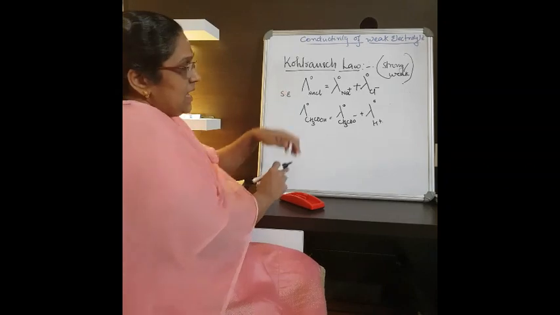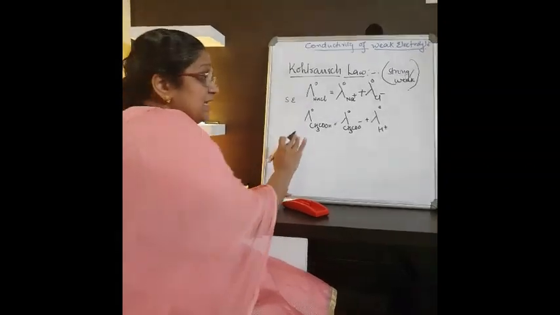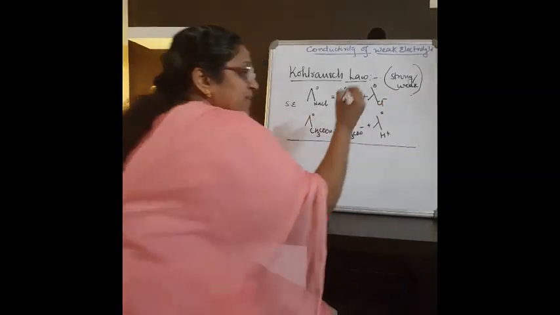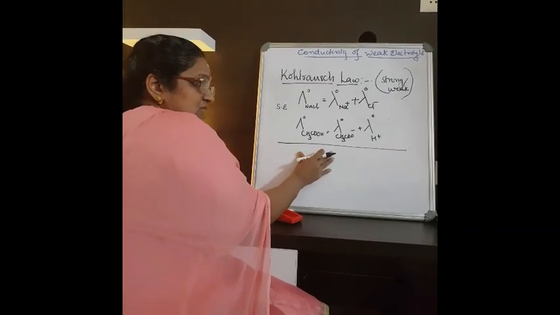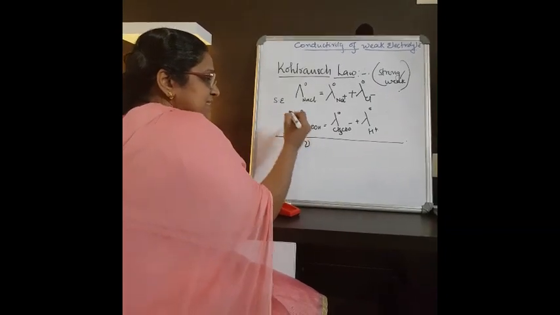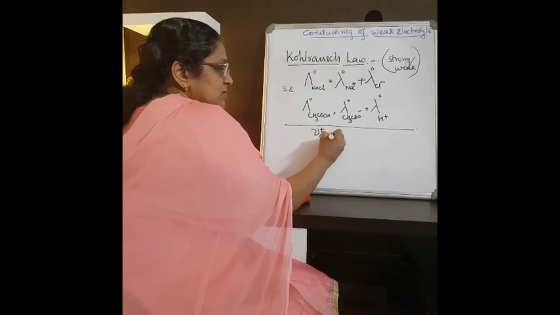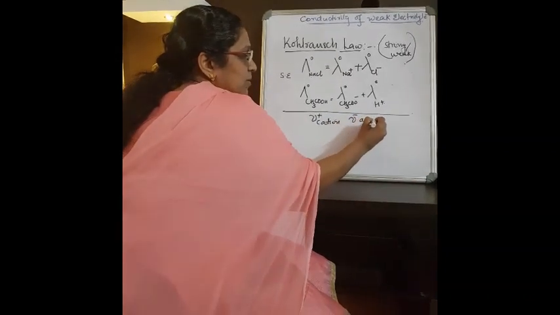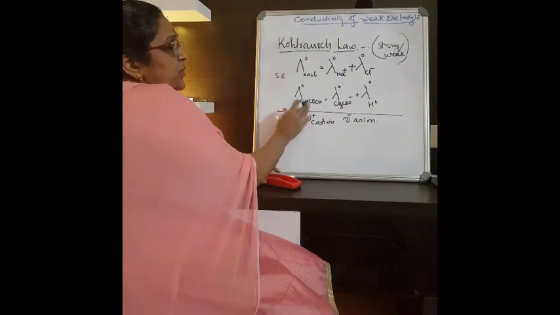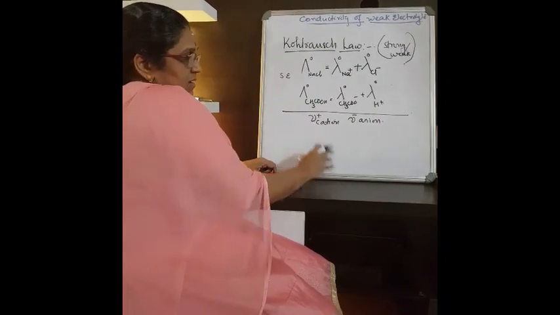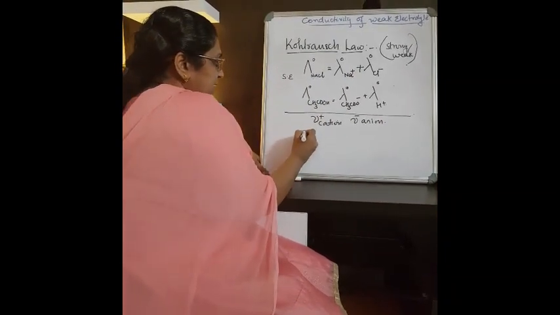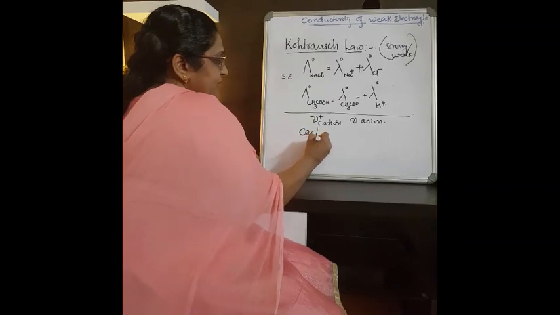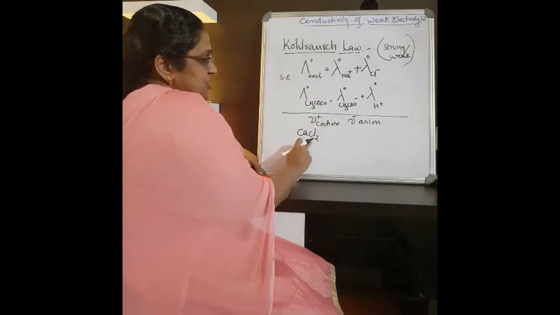Now, in a general way, if an electrolyte is dissociated into, for example, nu plus cation and nu minus anion, stoichiometry, then how will you write the general equation? For example, take calcium chloride.